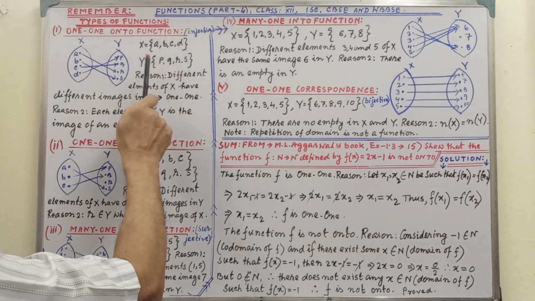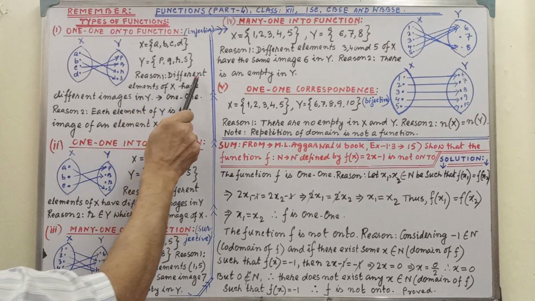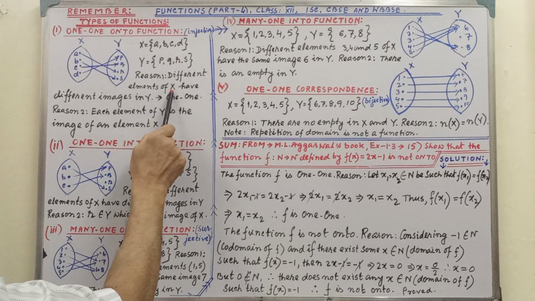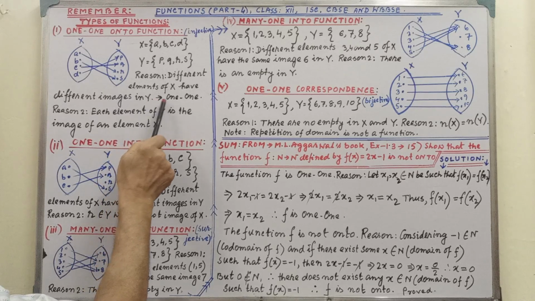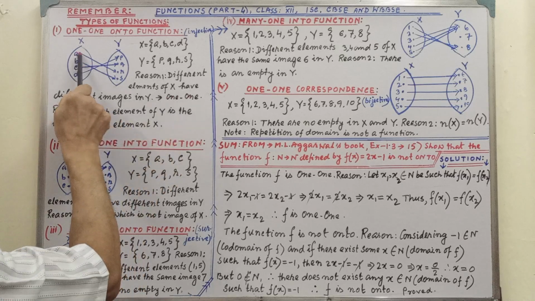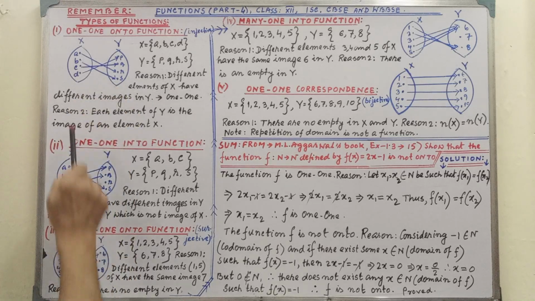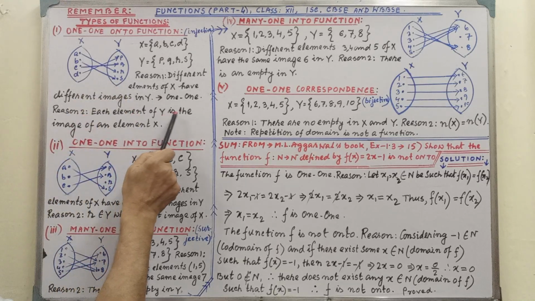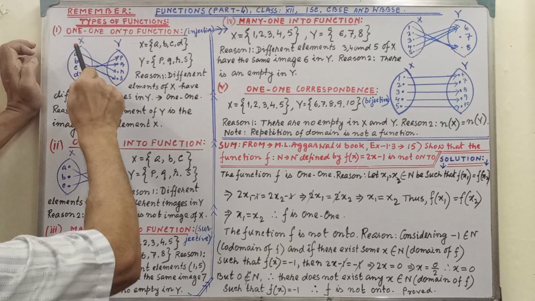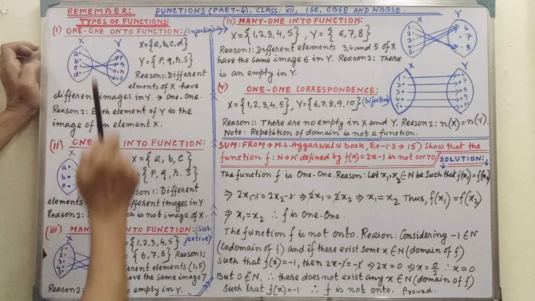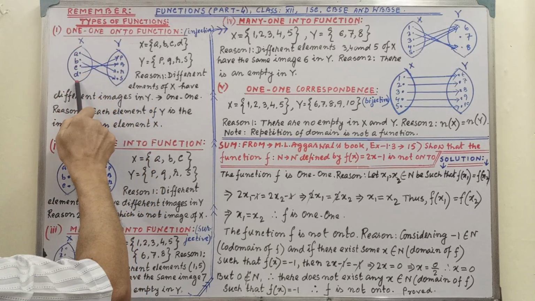Set X is A, B, C, D and set Y is P, Q, R, S. Now reason 1, different elements of X have different images in Y. Reason 2, each element of Y is the image of an element of X. There is no empty.